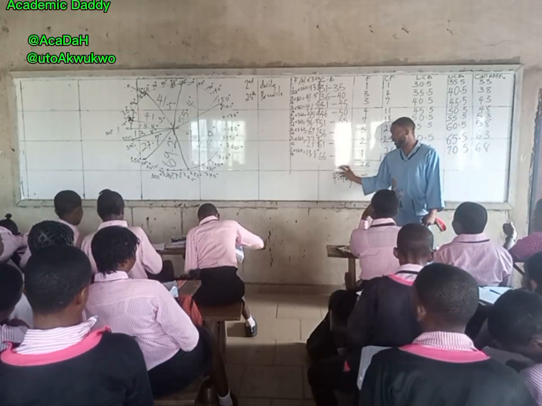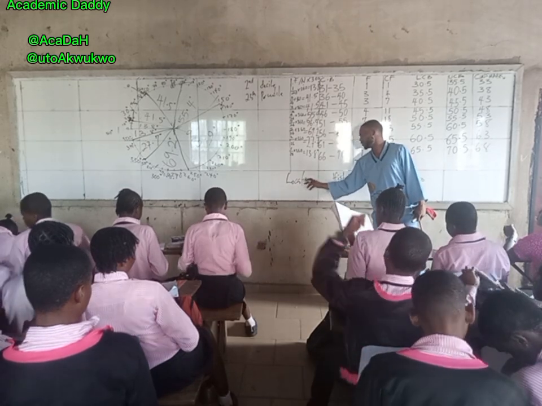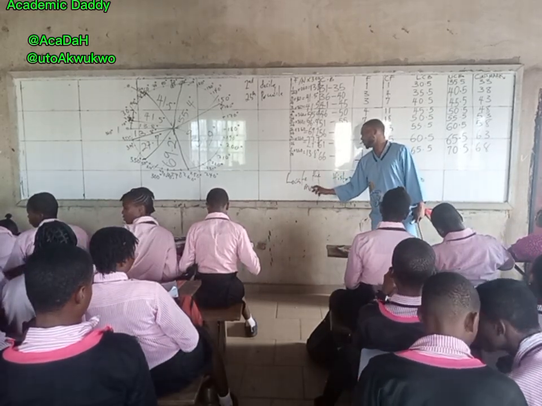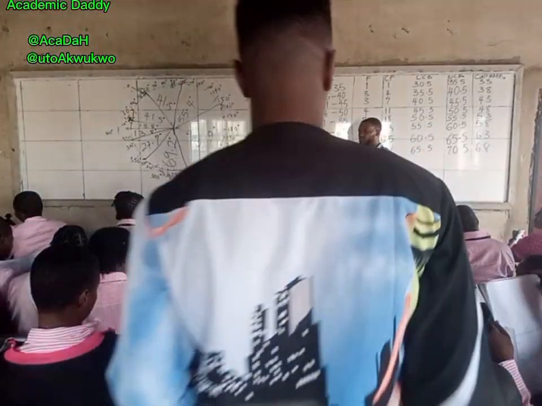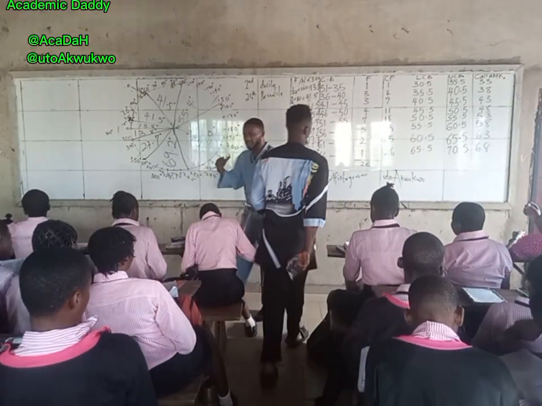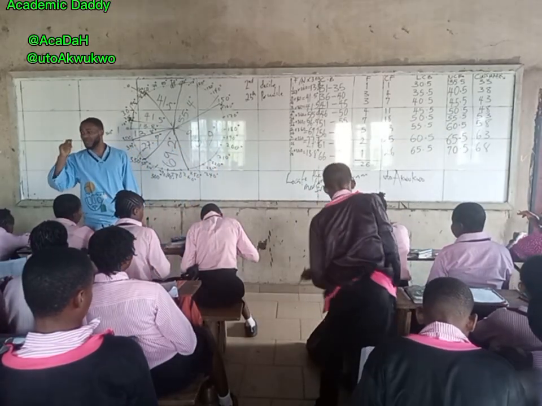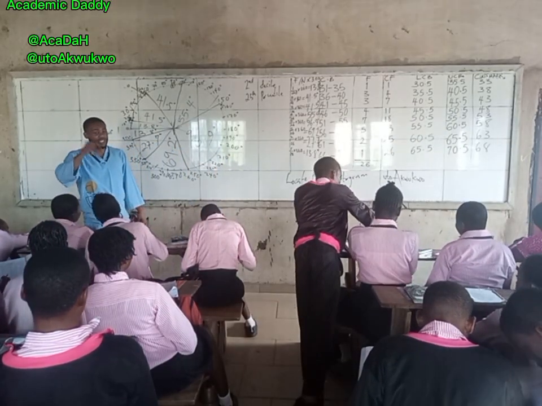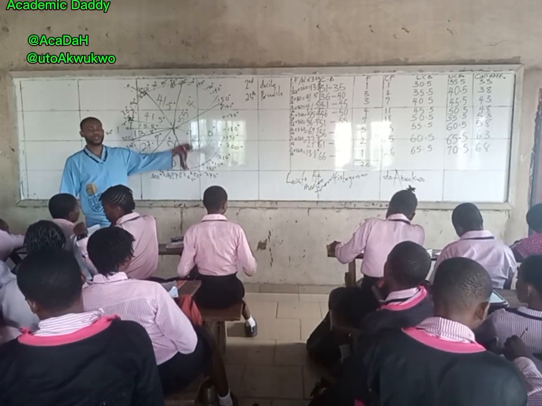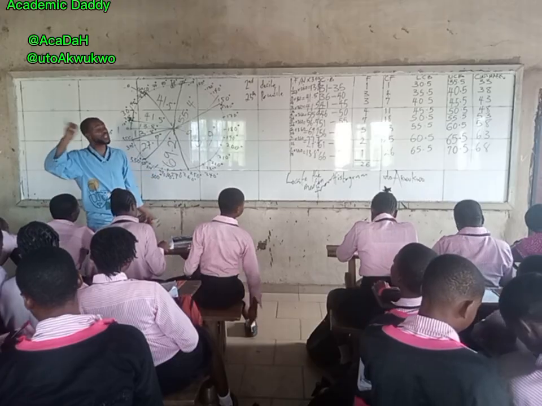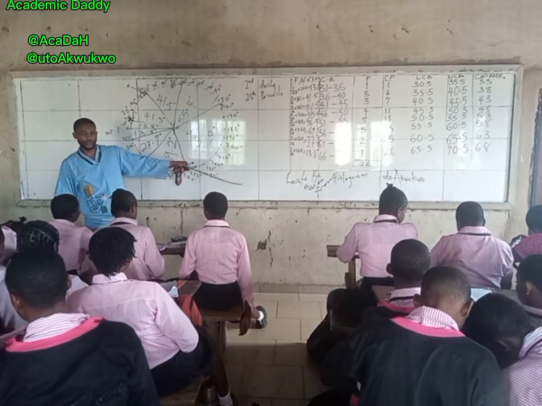So draw a histogram from this, then locate the median. There's a subtopic called how to estimate the median from a histogram. That's what I want you to do for me. Locate the median not using cumulative frequency, but using a histogram.